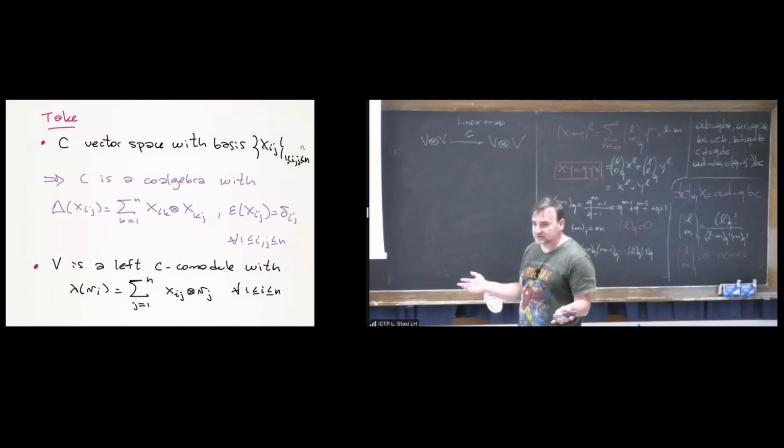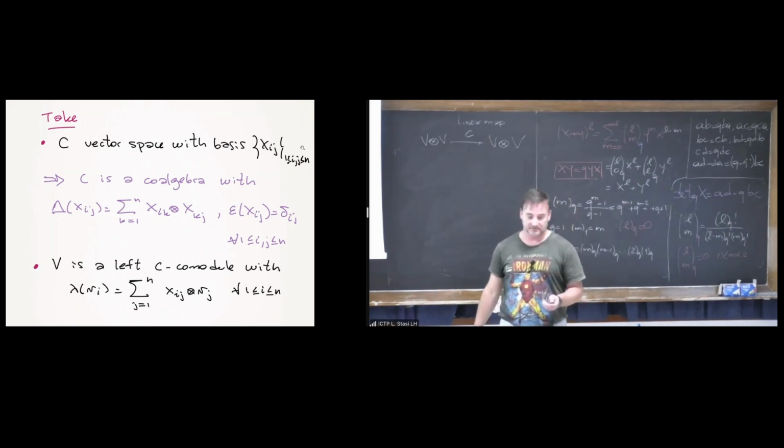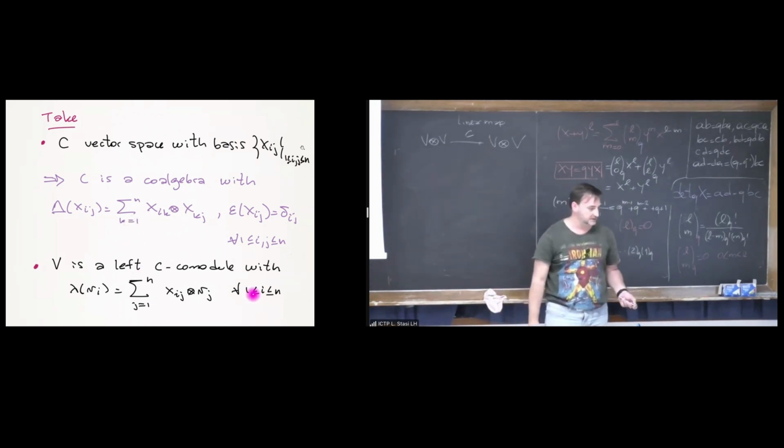And V is actually a left comodule with this very general formula given here. So for any vector space, we can construct a comodule. All right, great. We constructed a comodule in a very general way for this generic coalgebra.